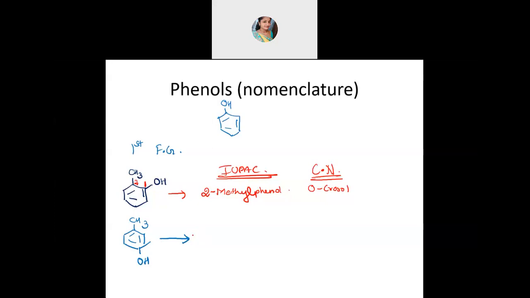Common name you need not write. Tell me the IUPAC name of this compound. Faster, reply fast. You can unmute and tell. Need not sit and type. Unmute and tell me. Faster.